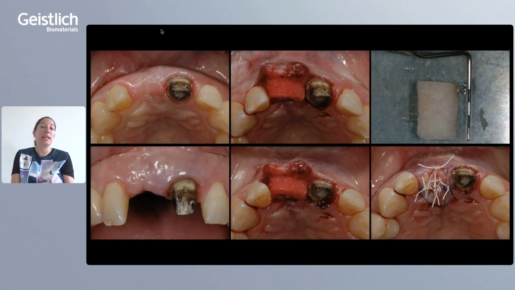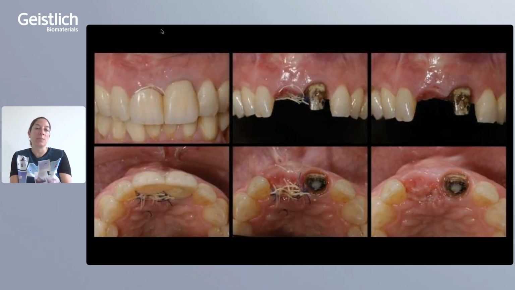Later on, after healing of the implant site, an additional soft tissue augmentation procedure with a soft tissue substitute was performed in order to compensate for the slight loss of volume, especially soft tissue volume at the buccal aspect.